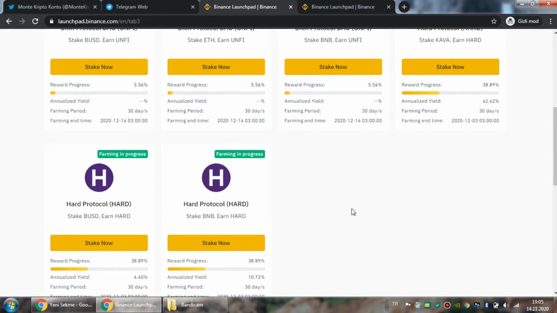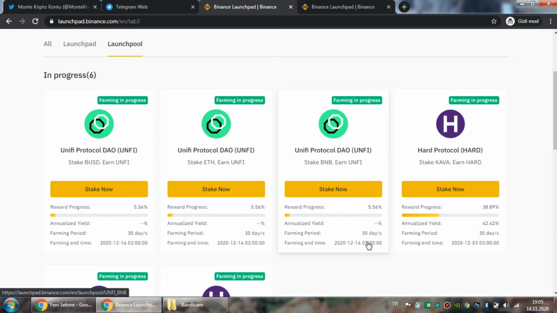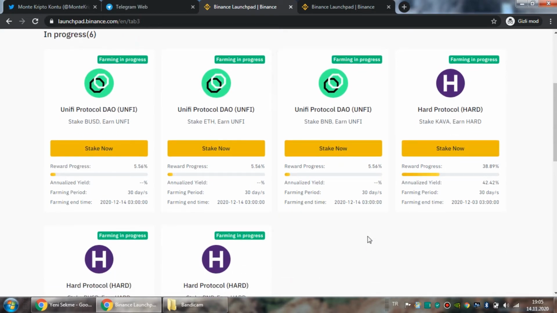Now there are two launch pools on the Binance Launchpool page. Sometimes maybe there are 5 launch pools. If there are more launch pools, it is better for us, because some people come to each pool and we share the pool's money. Just as an example, say this is a pool and we are 10 people.